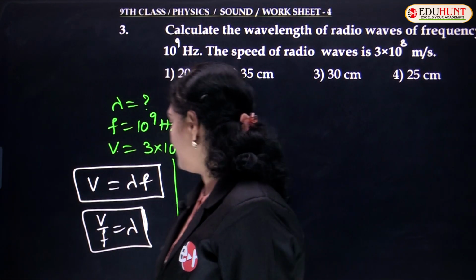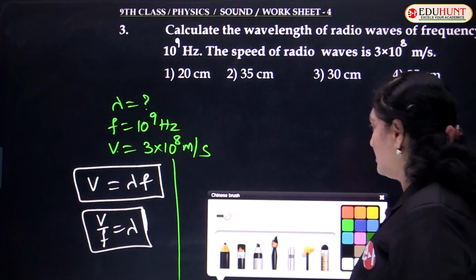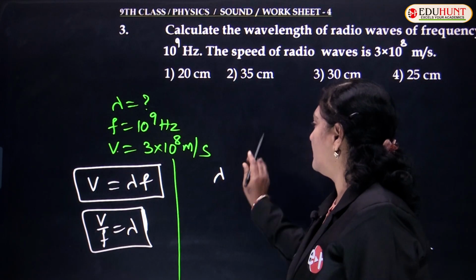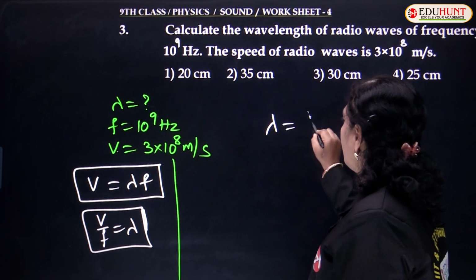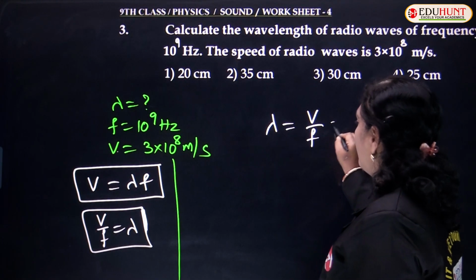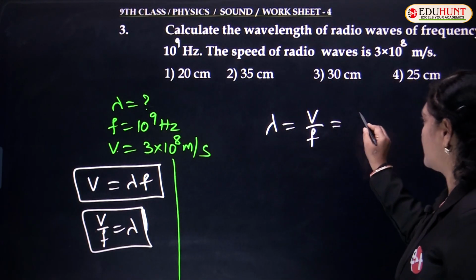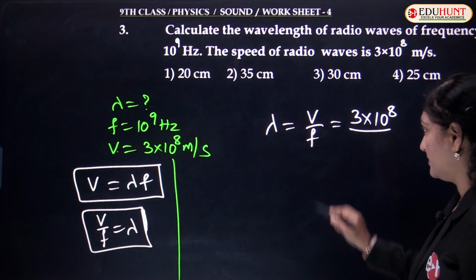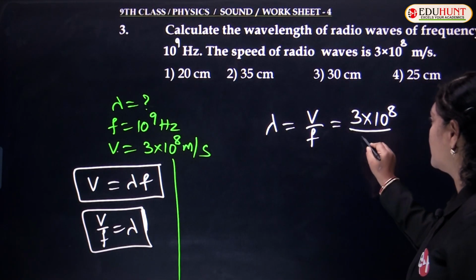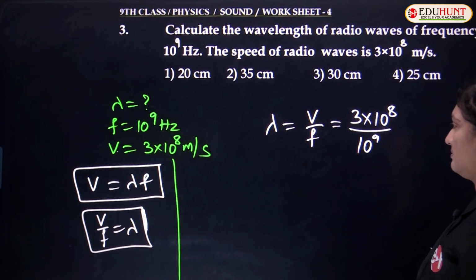Substituting the given values, children. So, lambda equals to V by F. What was V? V was given as 3 into 10 power 8. F was given as 10 power 9.